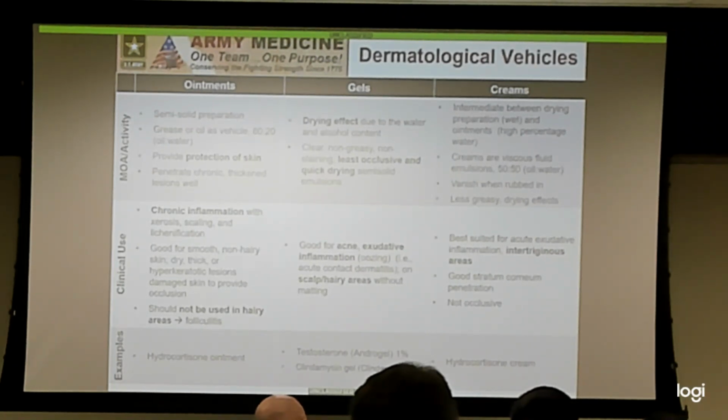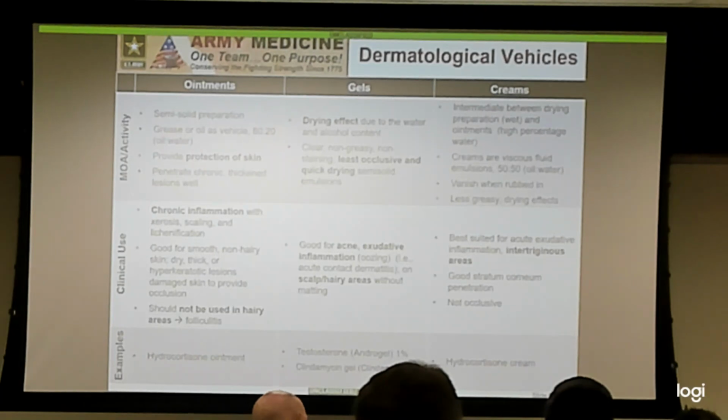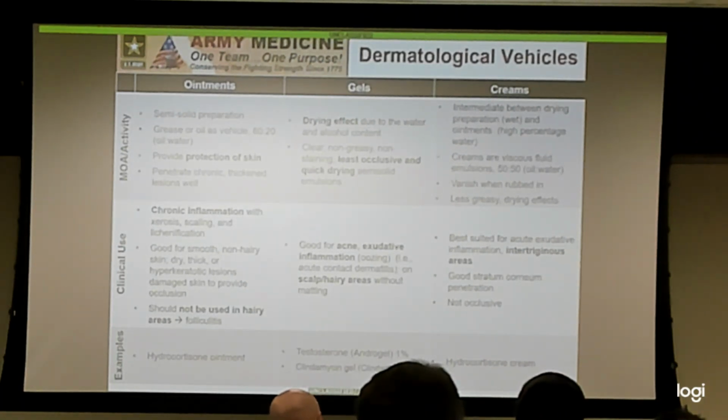Our creams, intermediate, okay? They're usually white or a light color. Sometimes you'll see some that are yellow. They will come out and they're not as thin and light as a gel, but when they rub them in, they should see that it goes away. So it has the wet and the ointment properties in it.